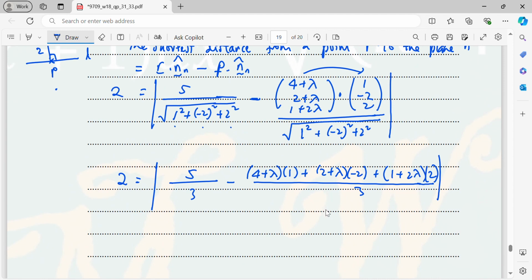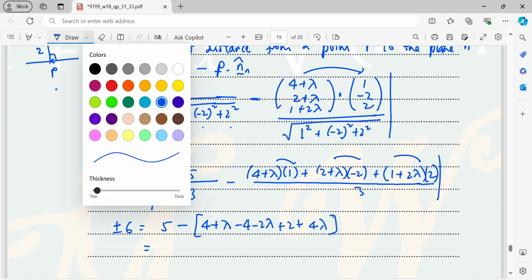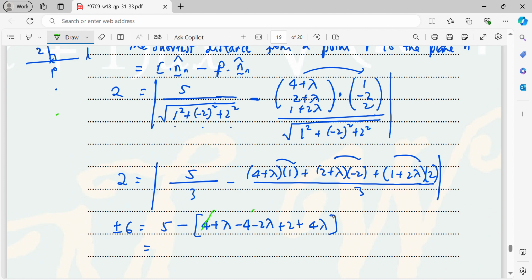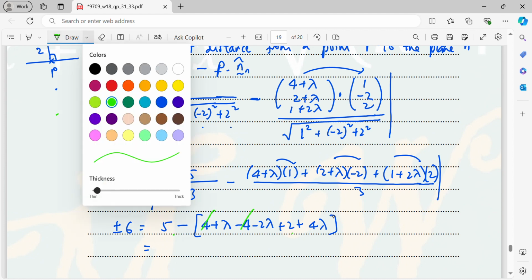So it will be plus minus 6. Right, this 3 taken out. Then now I will get 5 minus, so all this just do multiplication. I will be getting 4 plus lambda minus 4 minus 2 lambda plus 2 plus 4 lambda. Then now here I will get 5 minus, okay, look at here. The 4 and minus 4 cancel off. So here will be 5 minus 2, that is 3.